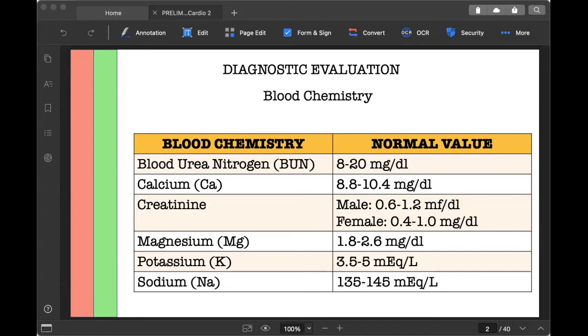Okay, how about your calcium? Just a quick background: it is needed for blood coagulation as well as for your neuromuscular activity, and you are very familiar with this already.